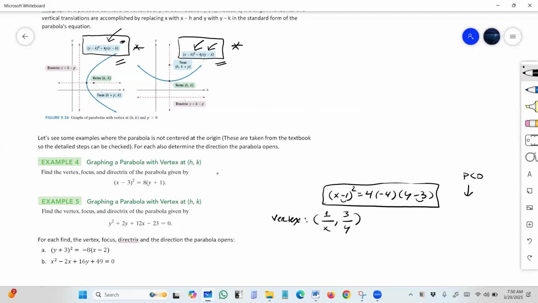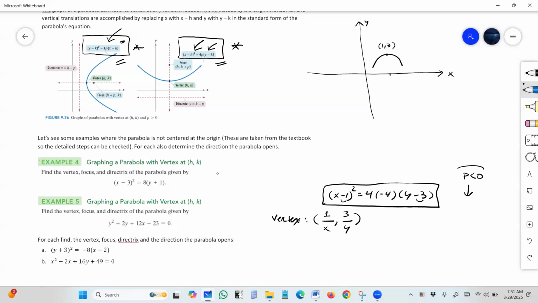And I am going to draw the curve just as a guide. I'm going to position the vertex at 1, 3. So here is 1, and let's say that this is 3. And this curve, because p is less than 0, opens down.